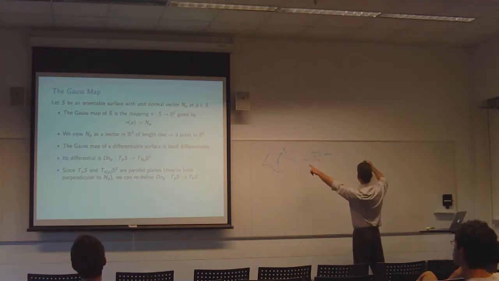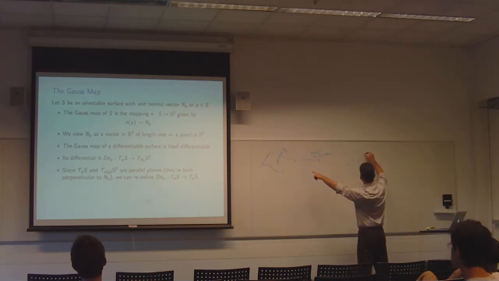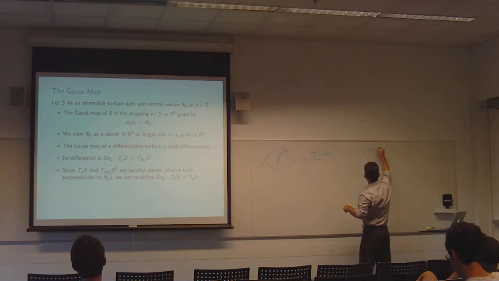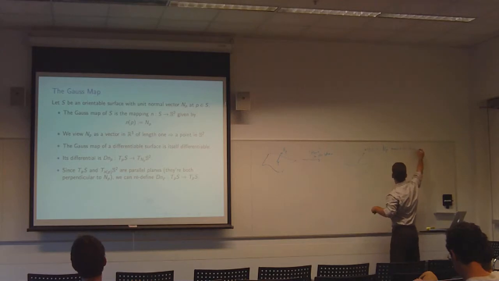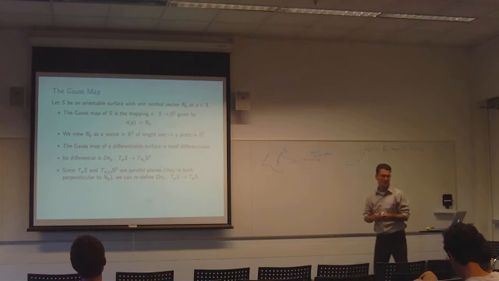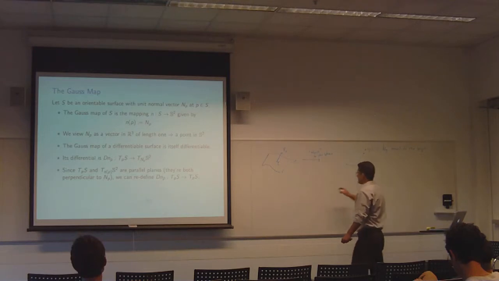And let's see if I get a vector which looks maybe parallel. This is n of p, which is, by definition, np moved to the origin.